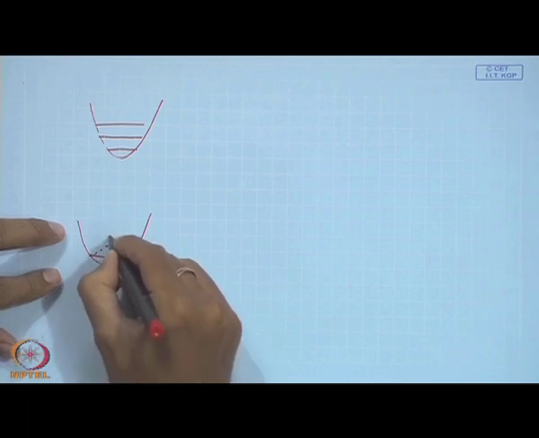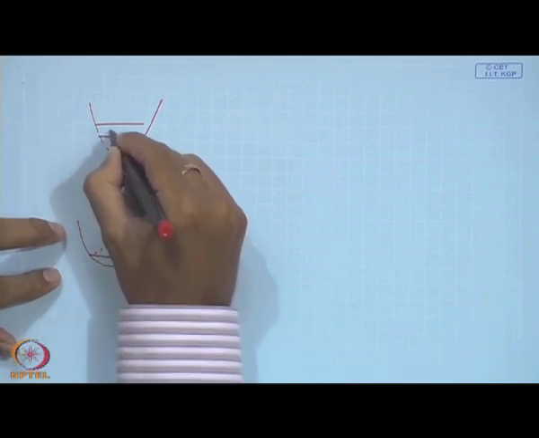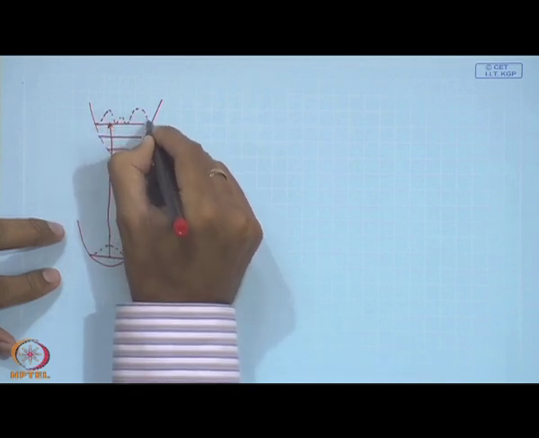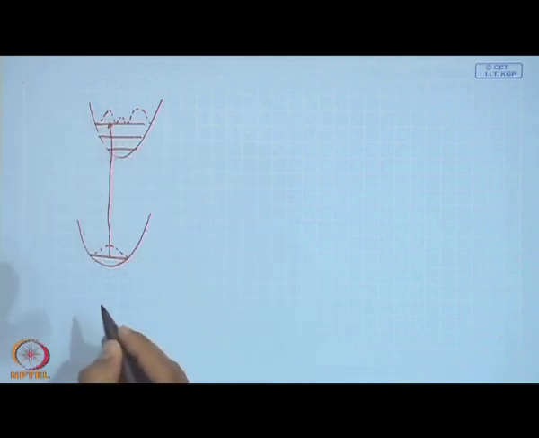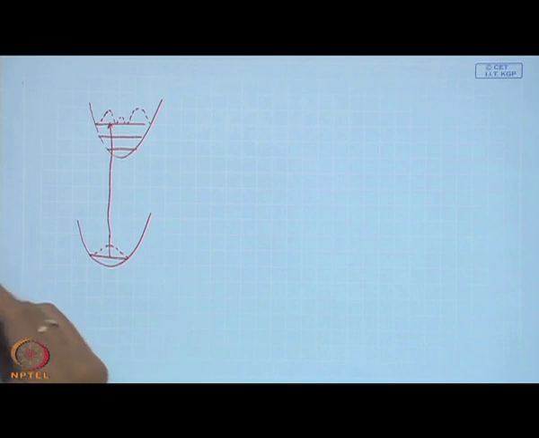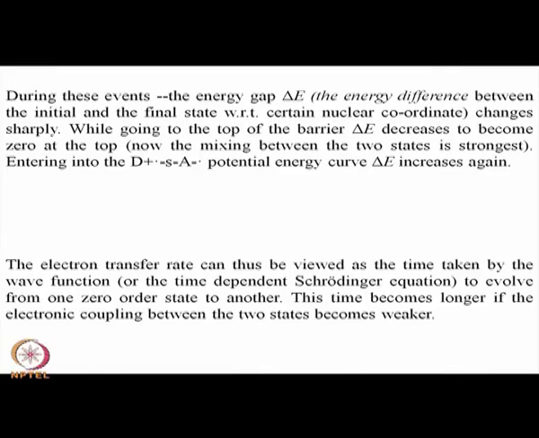So, it will try to get a place where it has more vibrational probability distribution. So, in the electron transfer process that occurs after Franck-Condon excitation of a donor acceptor system, the direct overlap of the vibrational wave function of the initial and the final state plays a very important role. So, basically just think of this diagram.